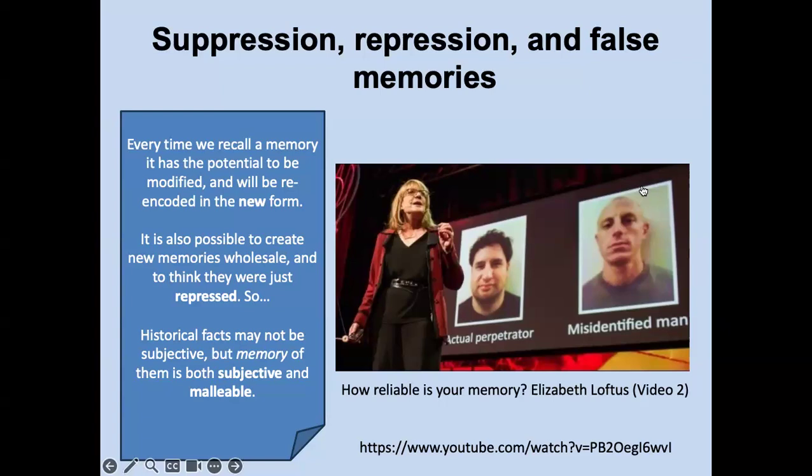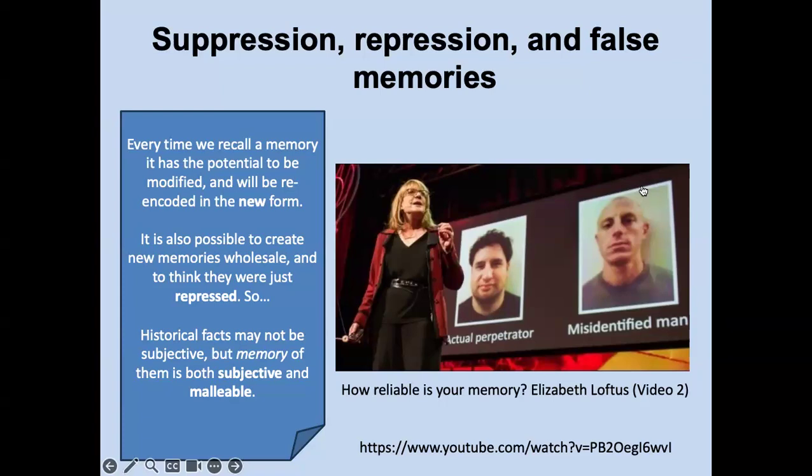And it's also possible to create memories wholesale, like we just discussed, and to just think that they were repressed. Oh, that must have been a repressed memory, but it could have been a completely new kind of pseudo memory, right? Because the event didn't actually happen, so it's not a real memory, right?